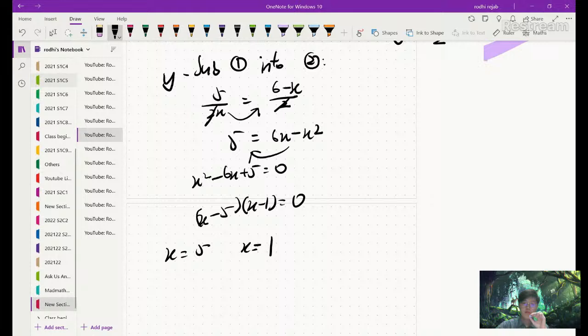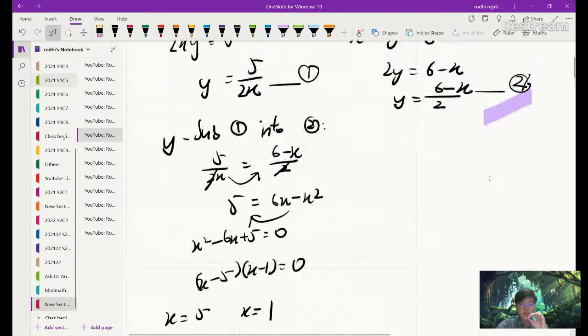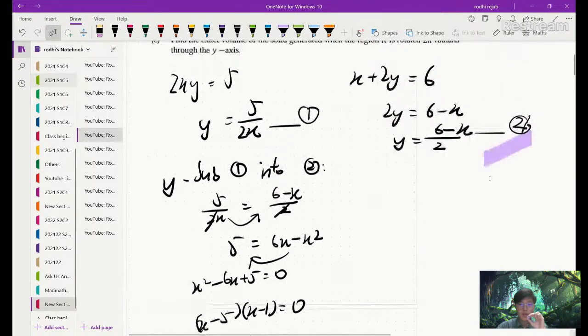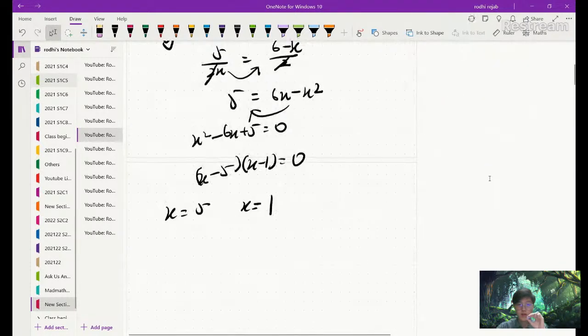Okay, so when we get two values of x, we substitute both values of x back into the equations we got earlier.